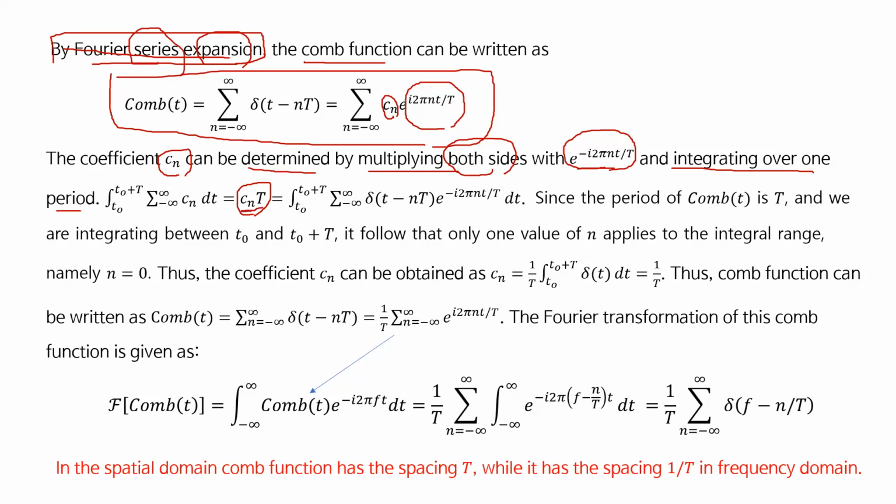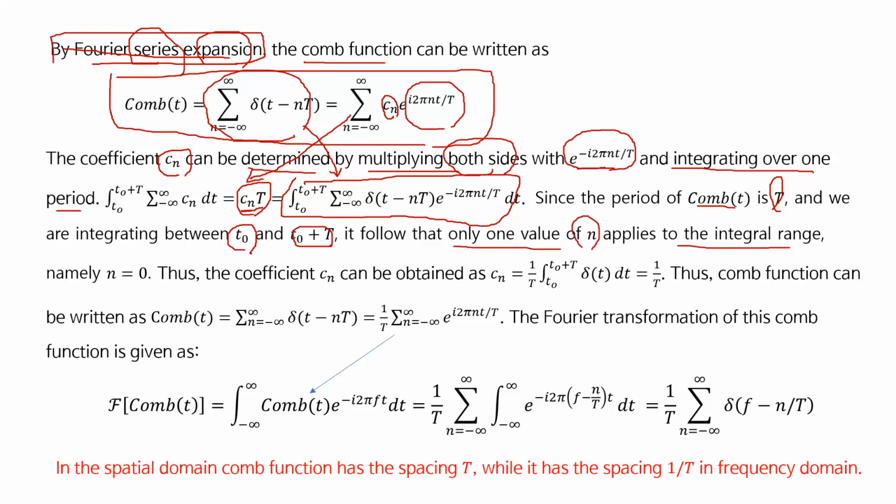Then we have Cn, this side, and this side is written by this. Since the period of the comb function is t, and we are integrating between t0 and t0 plus t, so integrating over one period, only one value of n applies to the integral range.